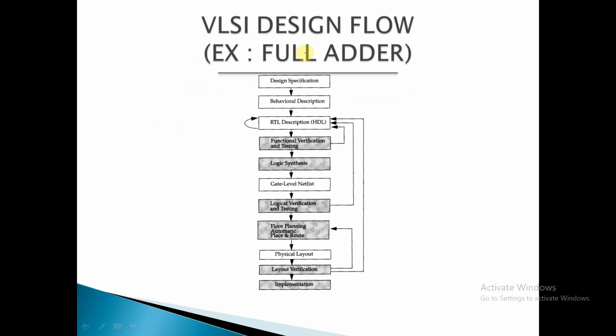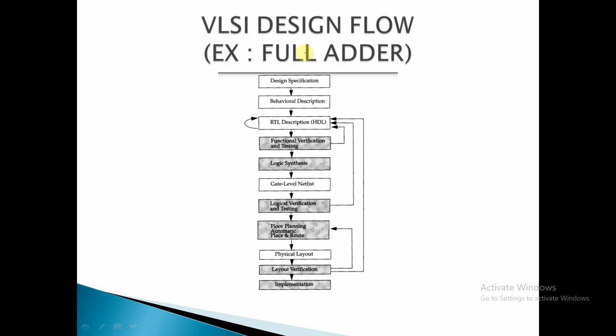In the case of the full adder, the behavior is that it is going to perform the addition between the inputs A, B, and Cin. So that was the second step. The first step was design specification, and the second step was behavioral description.